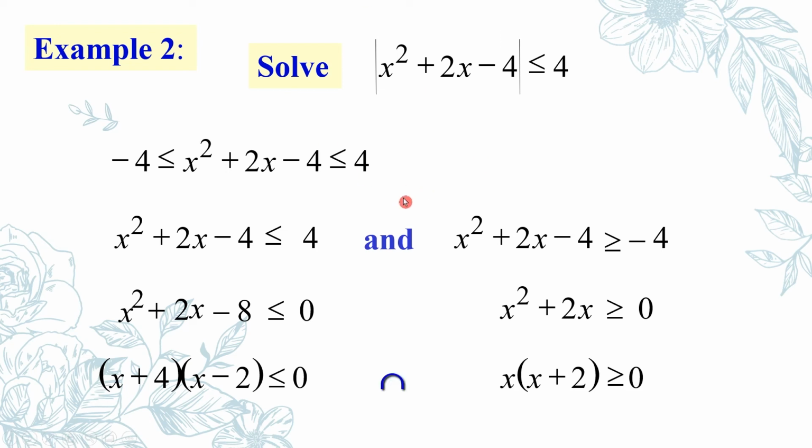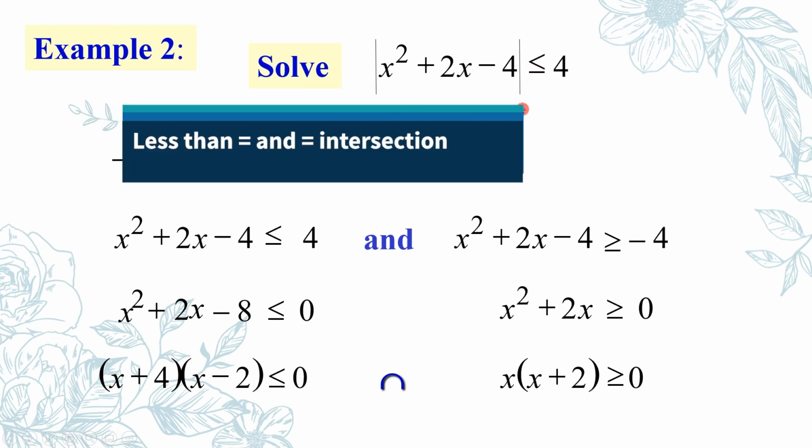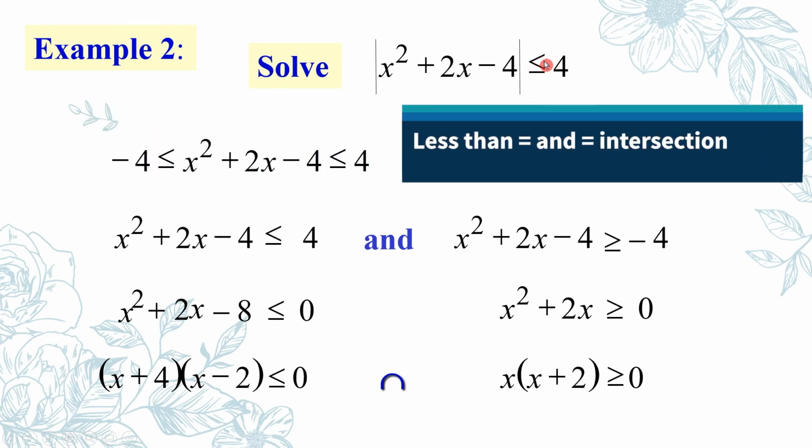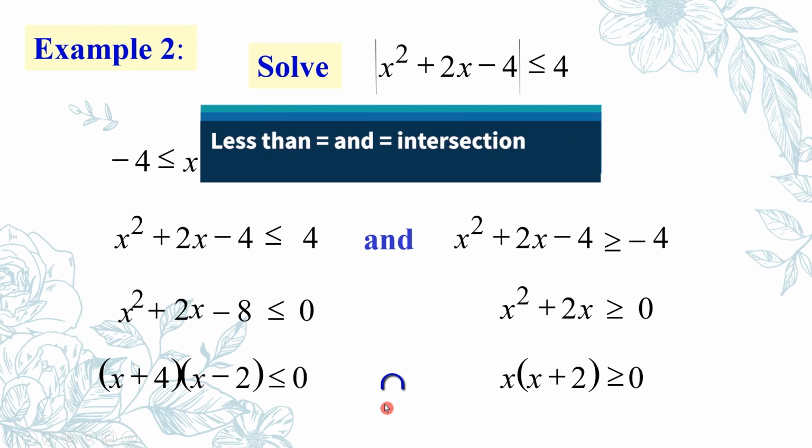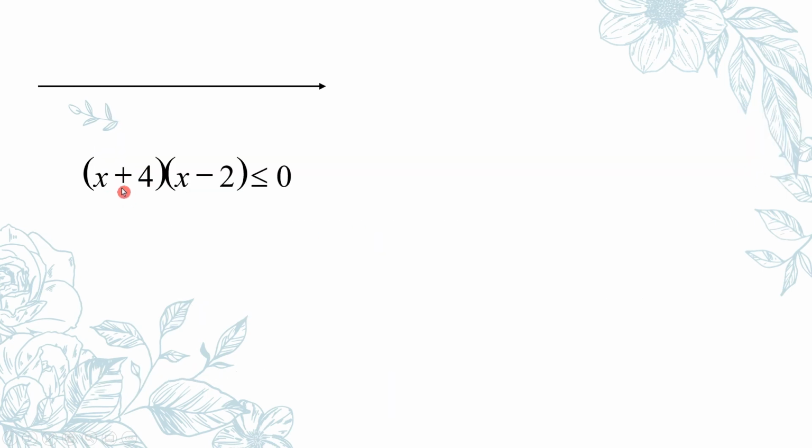So next, remember we are finding "and" because it's less than. It's crucial to remember that for less than, you are using "and" and we are finding the intersection. Okay, x equals negative 4 and x equals 2.